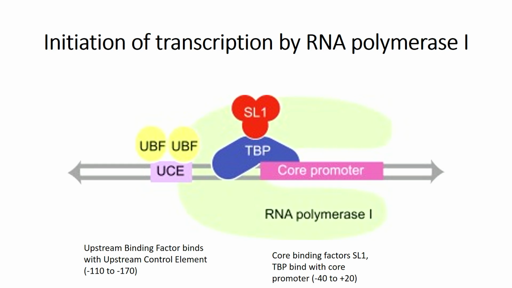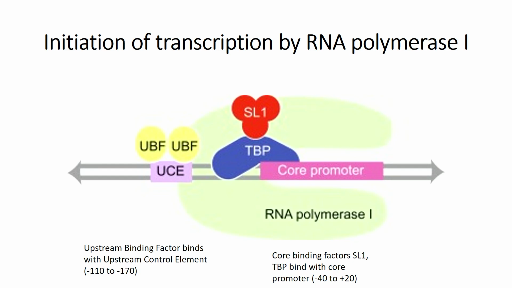For RNA polymerase 1, there is a core promoter and there is an upstream binding region or upstream control element. That means this has 2 regions.